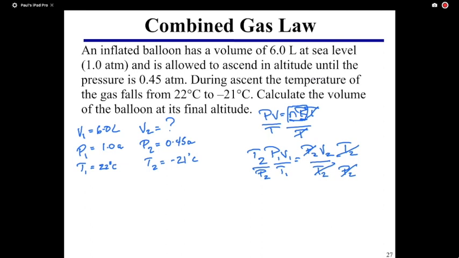So my equation will be, the answer T2 is, something's wrong. That should be P2, not T. Okay. My answer should be, oh shoot. Okay. I can erase.